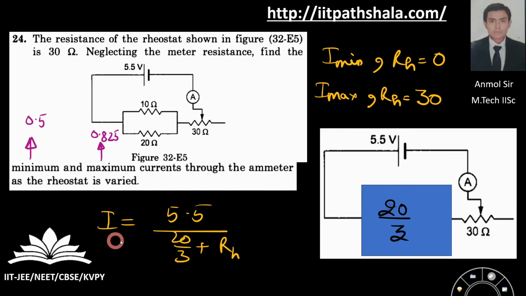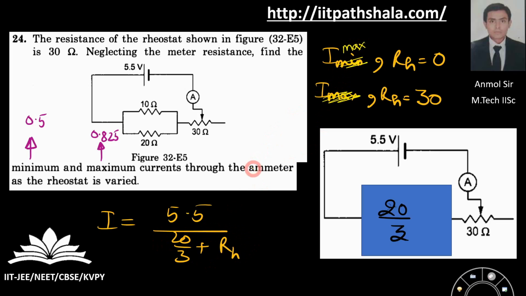After this I have to vary this rheostat from 0 to 30 ohm. If you want your current to be maximum, you have to make your rheostat equal to 0, because you have to make this denominator as small as possible.